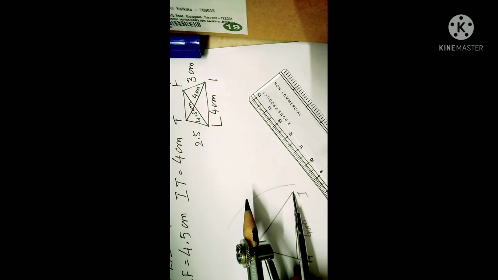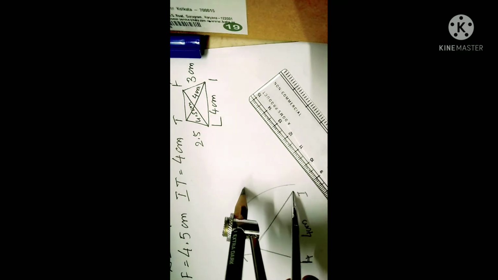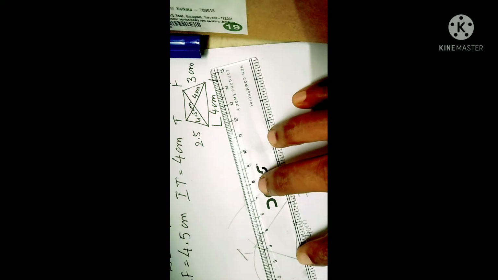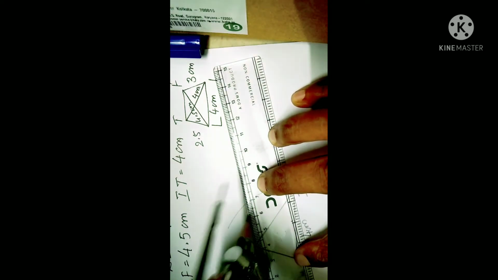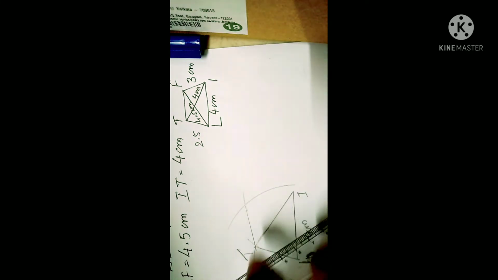So, with L as center, draw one arc, and from I it is 3 centimeter. So, take 3 centimeter and from I draw another arc. So, you got the point F. So, here LIFT is getting ready.